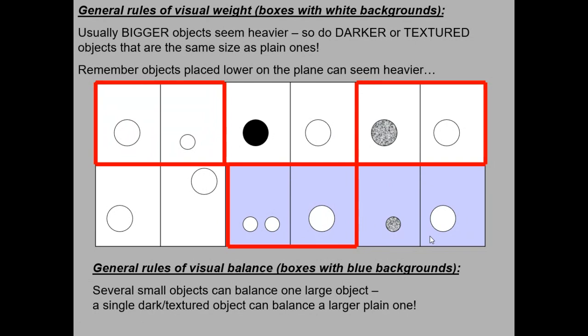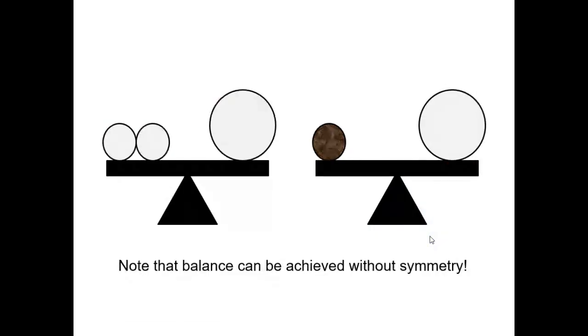So a lot of what we're looking at here when we're talking about visual weight and balance will have a lot of importance when we think about composition. We can think about those issues in terms of balance if we think about a teeter-totter or the traditional scales where you have two plates on either side that are coming into balance. I can balance my large shape with two smaller shapes of the same value or same color or same texture.